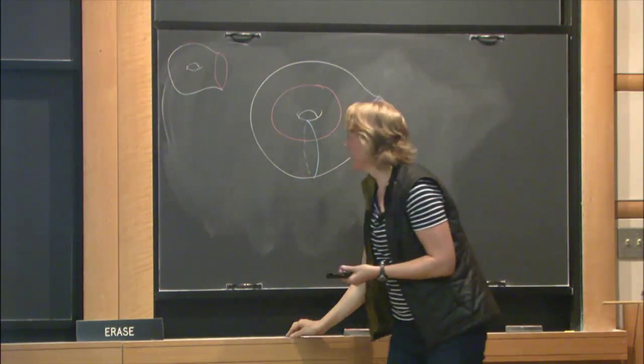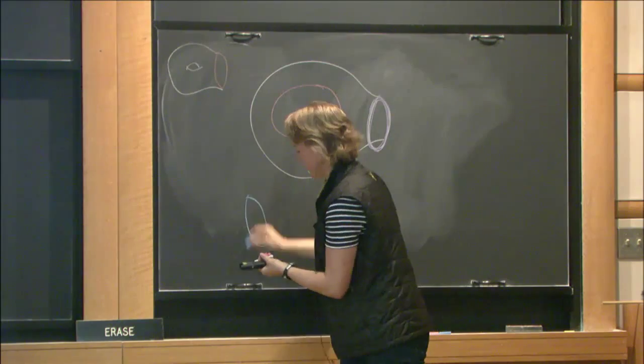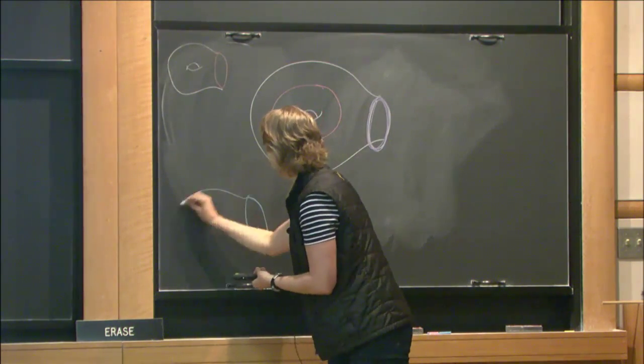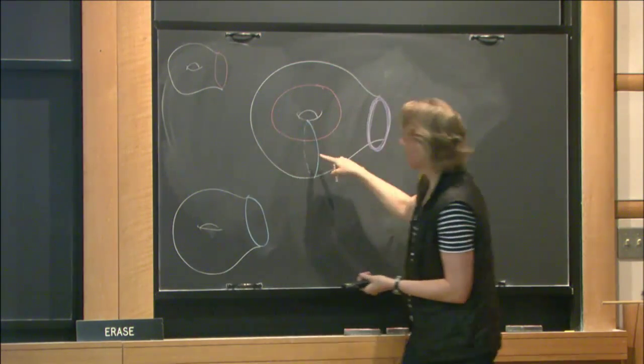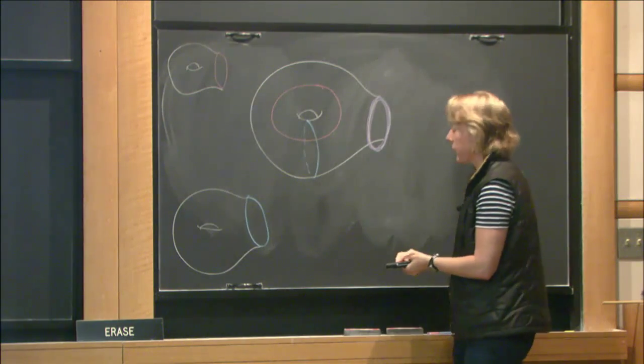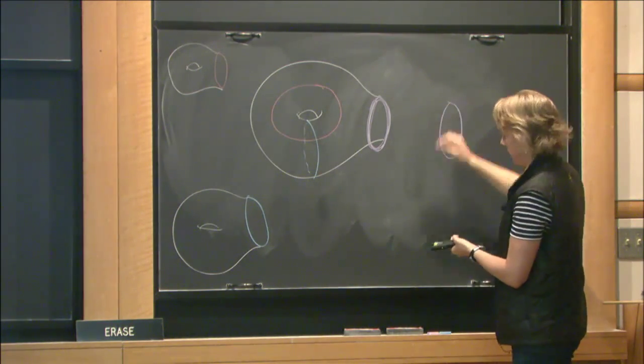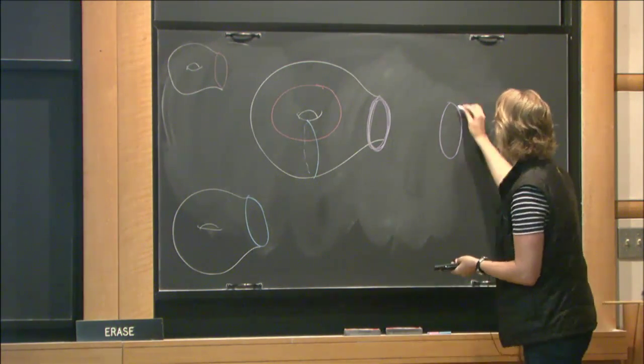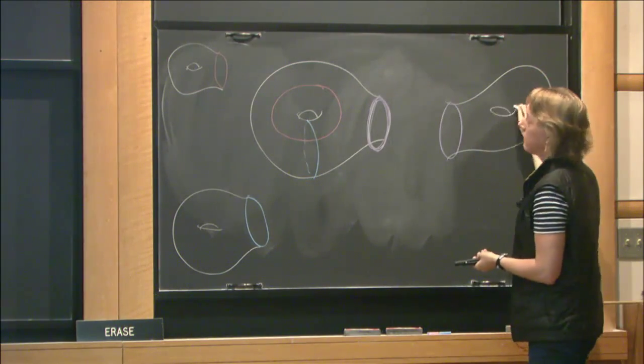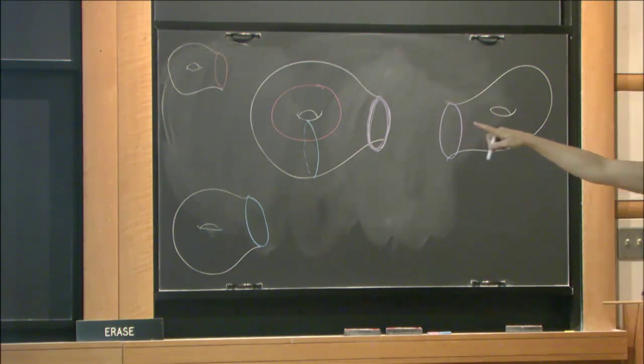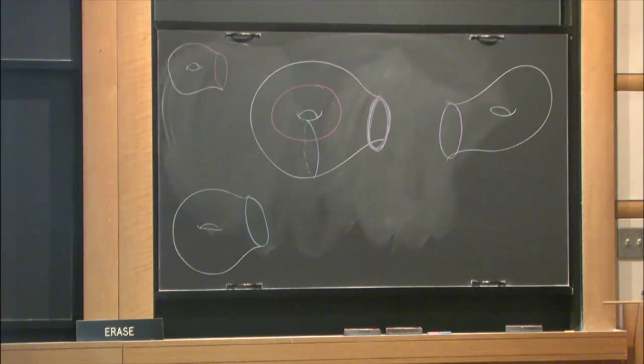And then I'm going to glue a blue one along this curve, and then I'm going to glue another one, which I've already done in that picture, to this curve. Okay, so in that picture I've already glued the C curve along there.